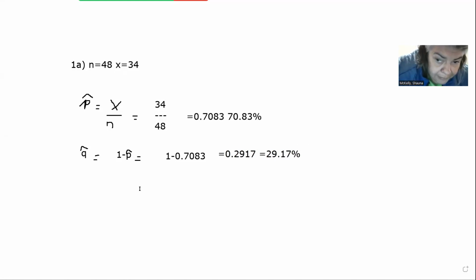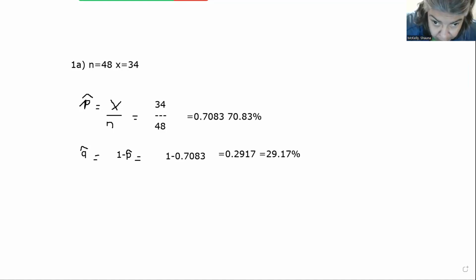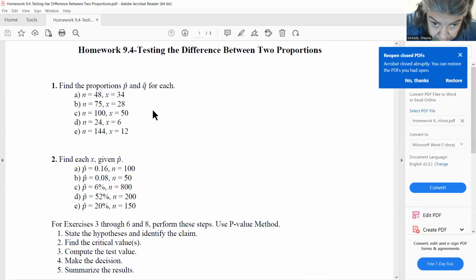That's how those work in number 1. Those are things that we've done before. You just do x over n for each one and then take the complement.